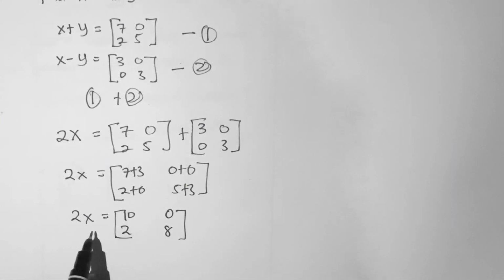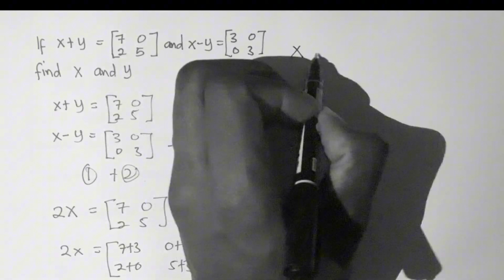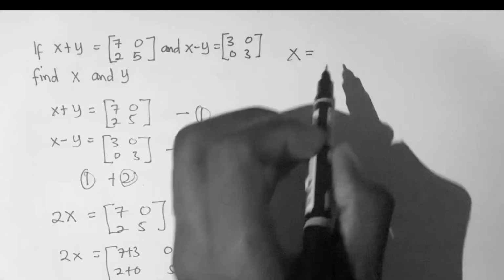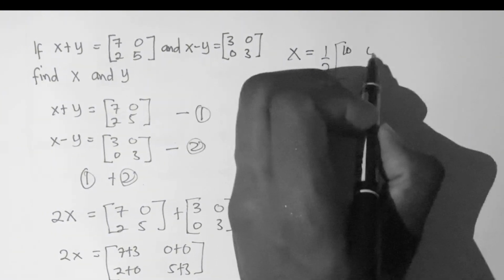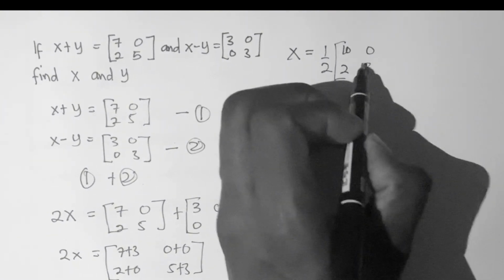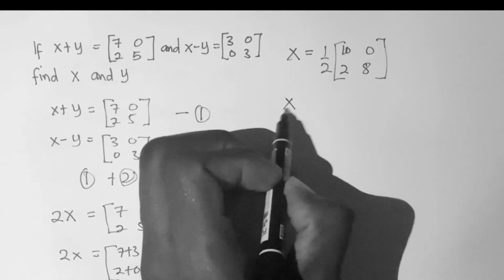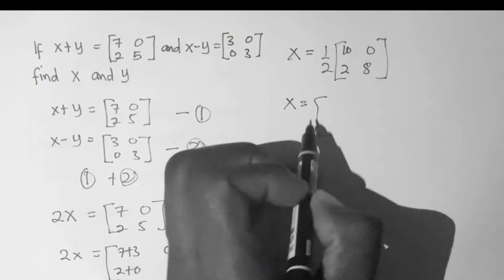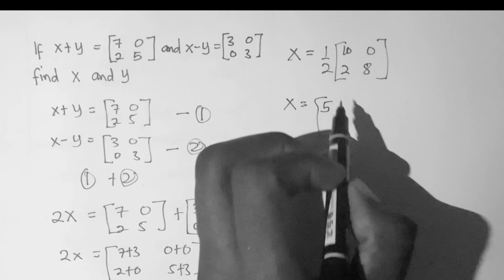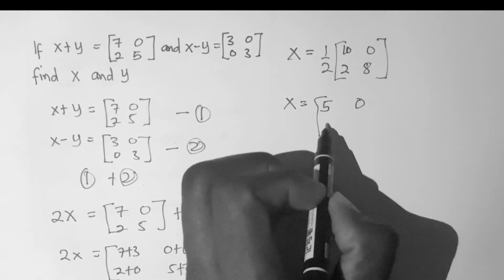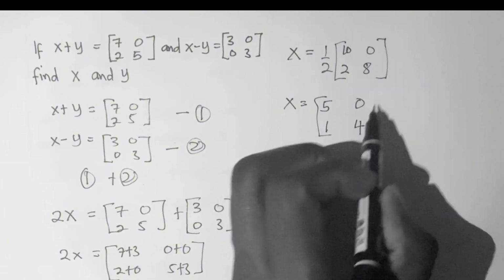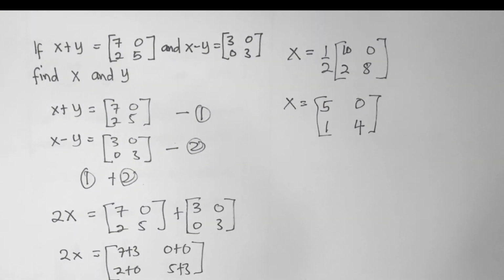So if we divide through by 2, x is equal to half of 10, 0, 2, 8. So x is equal to, now 10 divided by 2 is 5, 0 divided by 2 is 0, 2 divided by 2 is 1, and then 8 divided by 2 is 4. So this is the value of x.